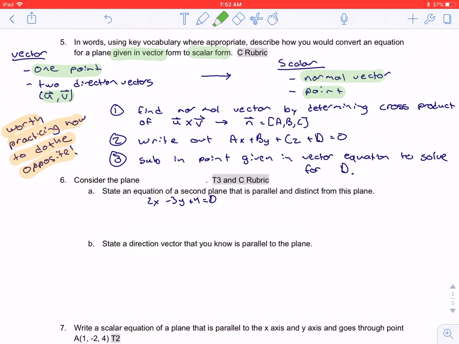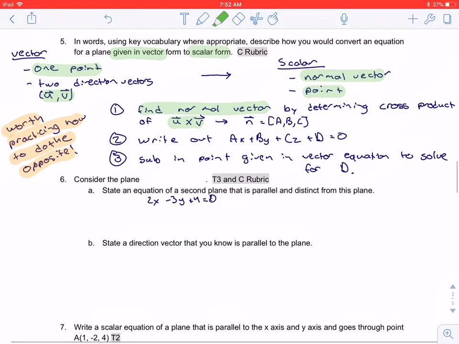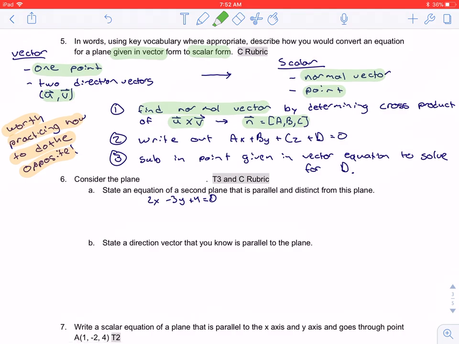Okay, to find a normal vector, or a vector that's perpendicular to the plane, we can use the cross product. So the way I'd write out a procedure is our first step would be find the normal vector, and we do it by determining u cross v. When we find the normal vector, that gives us A, B, and C, which are going to be the coefficients of our scalar equation.